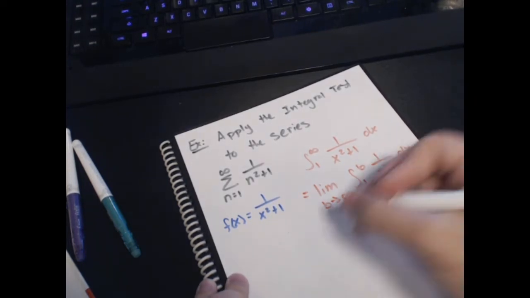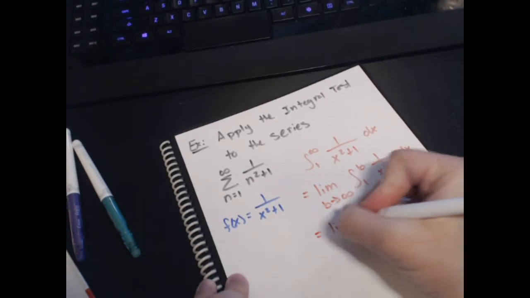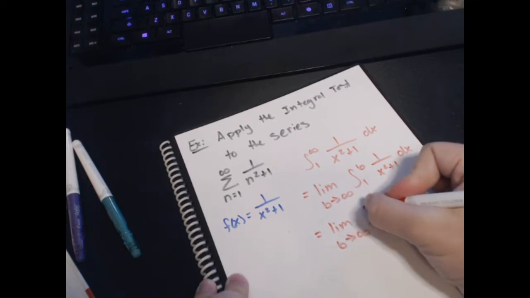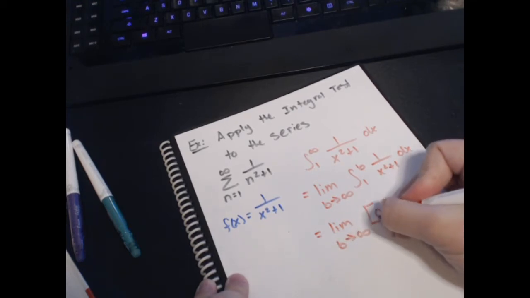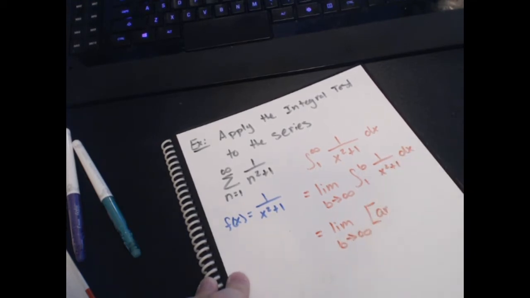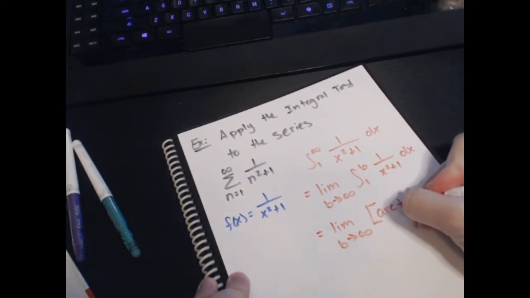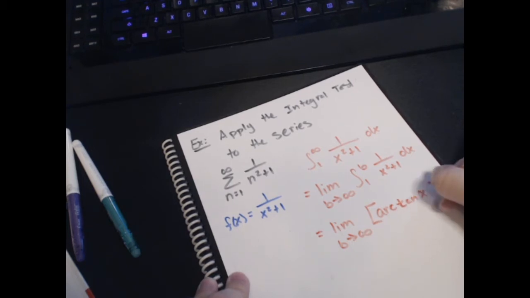And then you integrate. So when we integrate, we get the limit as b approaches infinity of arctan x, and that's going to go from 1 to b.